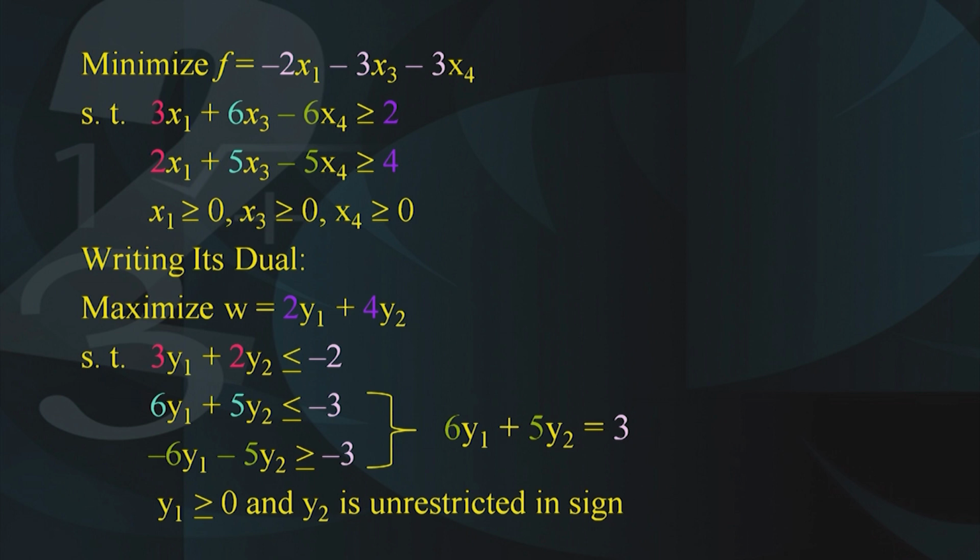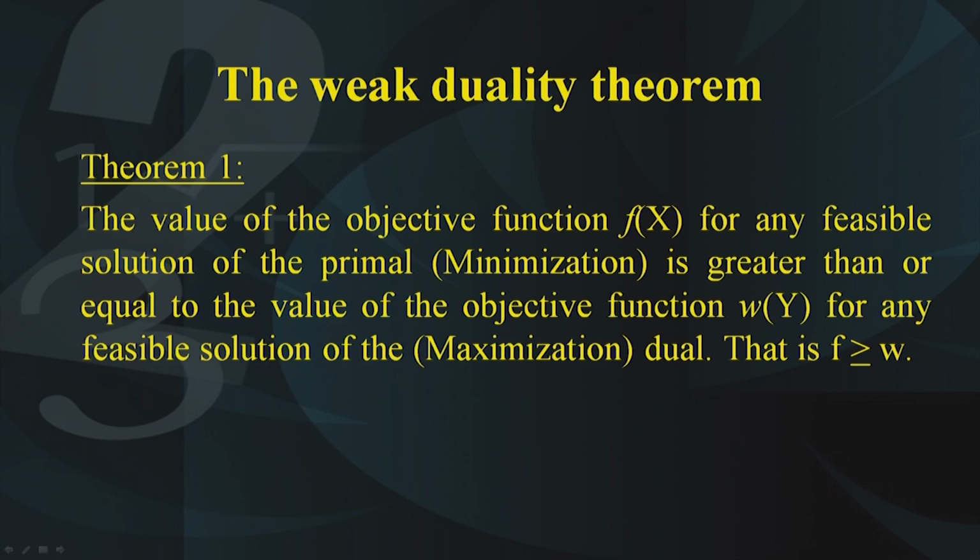The second and the third constraint can be written as 6 y1 plus 5 y2 is equal to 3, and y1 is greater than or equal to 0, and y2 is an unrestricted variable. So, with the help of this example, I hope we have understood the way in which the unrestricted variables of the primal are related with the equality constraints of the dual.